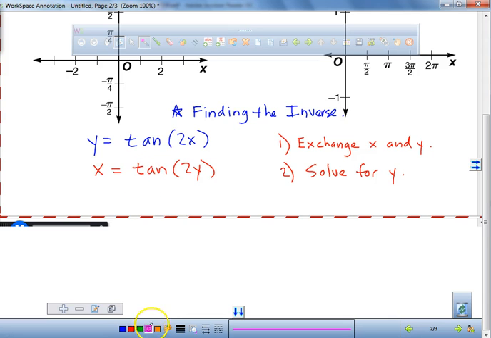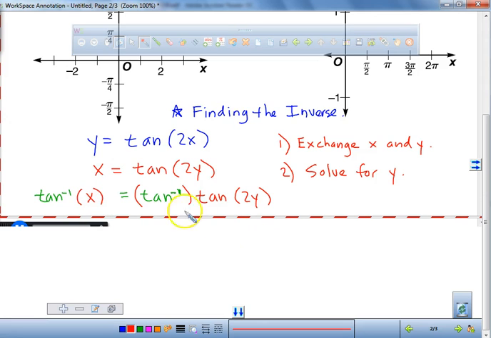In order to get rid of this tangent, you have to multiply the tangent of 2y by its inverse. So I'm going to put inverse tangent in parentheses times the tangent of 2y. And whatever I do on one side, I have to do on the other side.